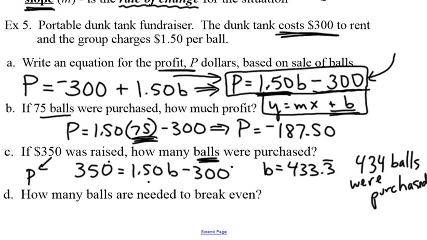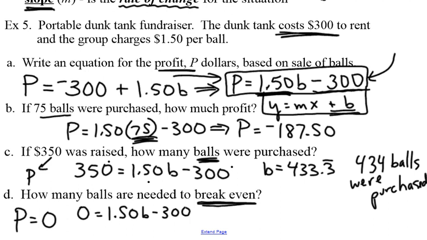And then, how many balls are needed to break even? Well, break even means you don't make money, but you don't lose money. Your profits are zero. So if their profits were zero at $1.50 a ball, less the 300 cost of the tank, you do the algebra there: add 300 to both sides, divide by 150. There were 200 balls purchased.